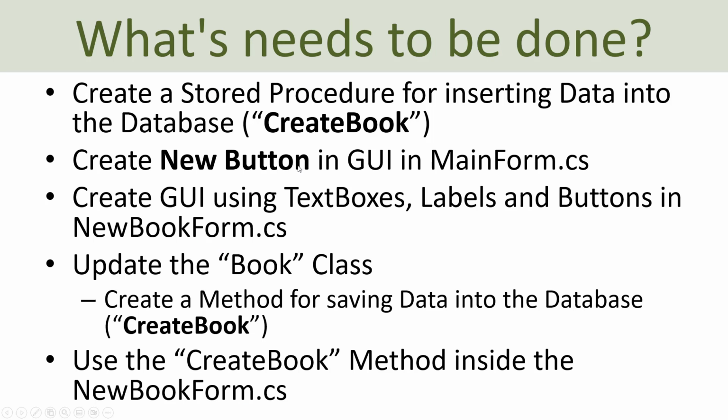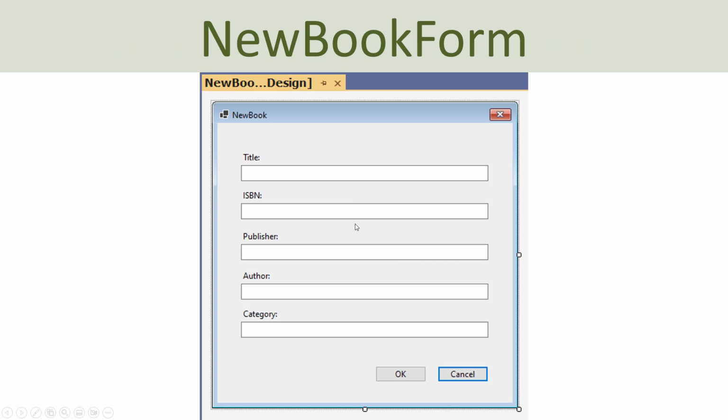So what kind of steps are we going to do in order to make this happen? So first we need to create a stored procedure for inserting data into the database. I will call the stored procedure create book. Then in the main form we will need to create a button called new, and then when we click on this button, this new form should pop up.